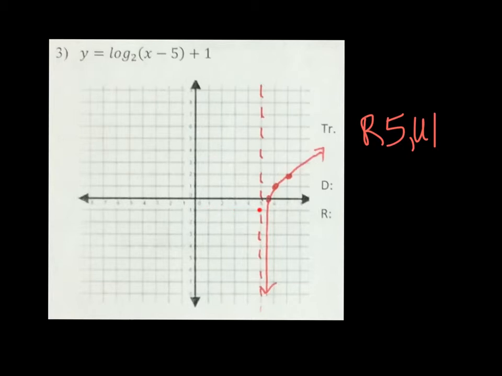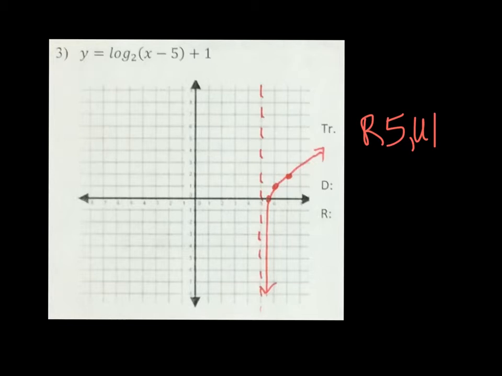I moved it right 5 units and up 1. 1, 0 used to be right here. Move it right 5 units, up 1. 2, 1 used to be right here. Move it to the right 5 units, up 1. Draw my line to connect my dots.